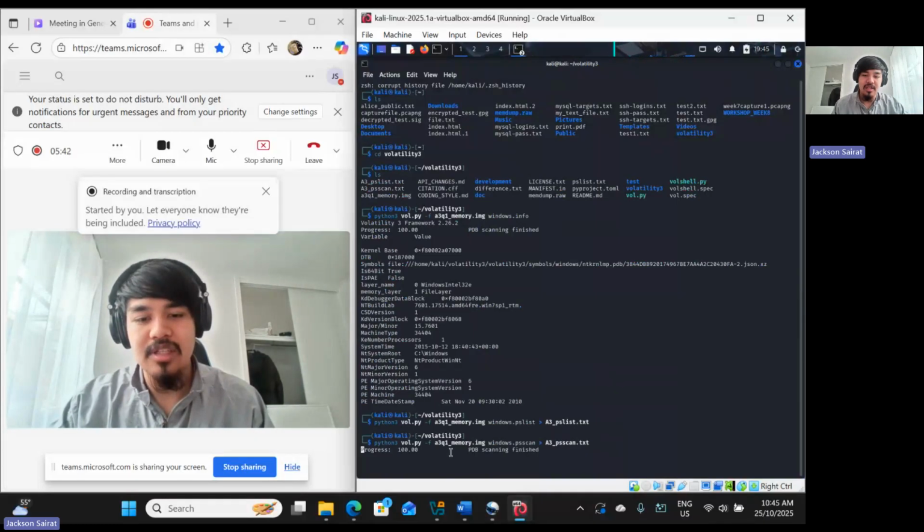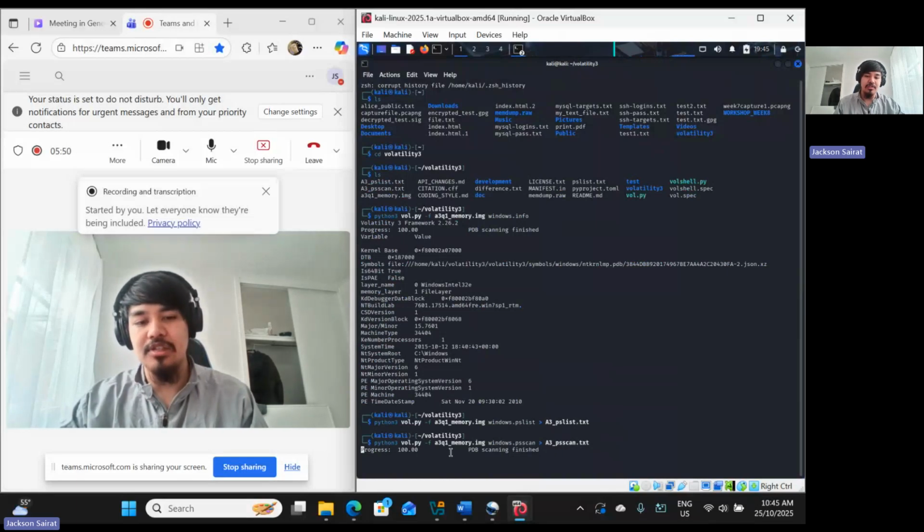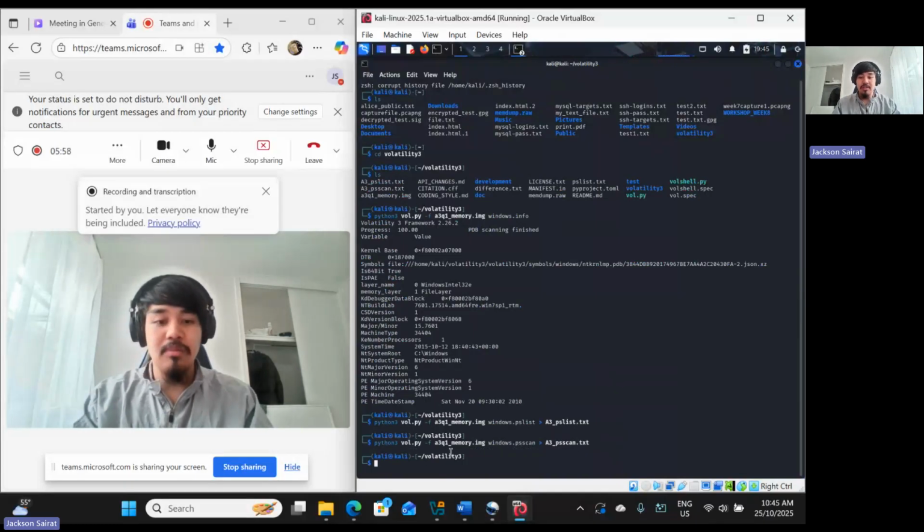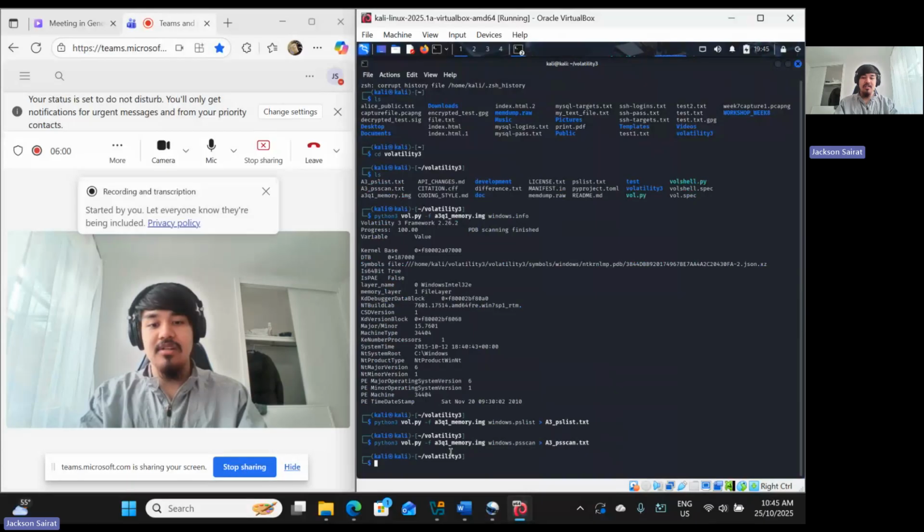To determine the hidden and deleted processes in the memory, we simply need to compare these two files. So by this logic, we can assume that as long as the psscan file has more processes than the pslist file, we can determine that there exist hidden or deleted processes.